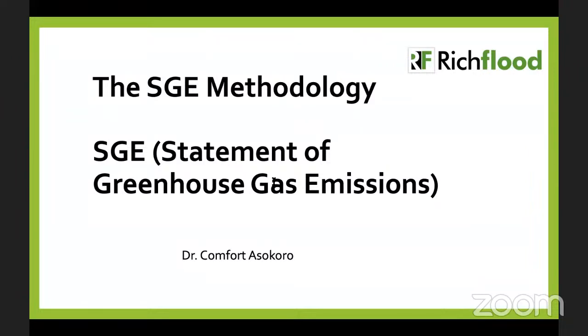It must show the method used for the measurement. It must show the method or the template or the standard used for the reporting. And also it must have proofs or an approach on how to verify the emissions.